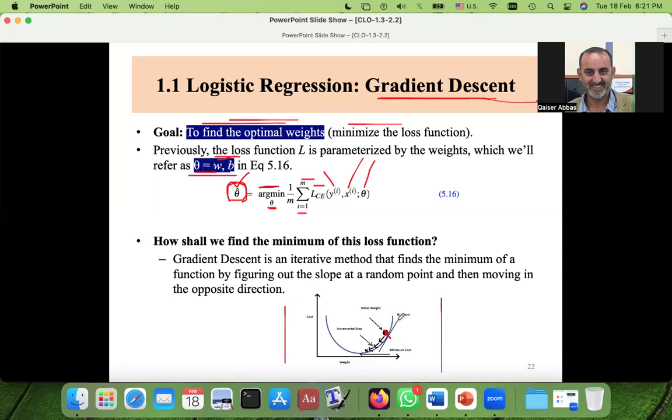Then you draw a straight line here. This straight line is called the gradient. The other name for gradient is derivative, and another name is slope. So these are three names with the same meaning.